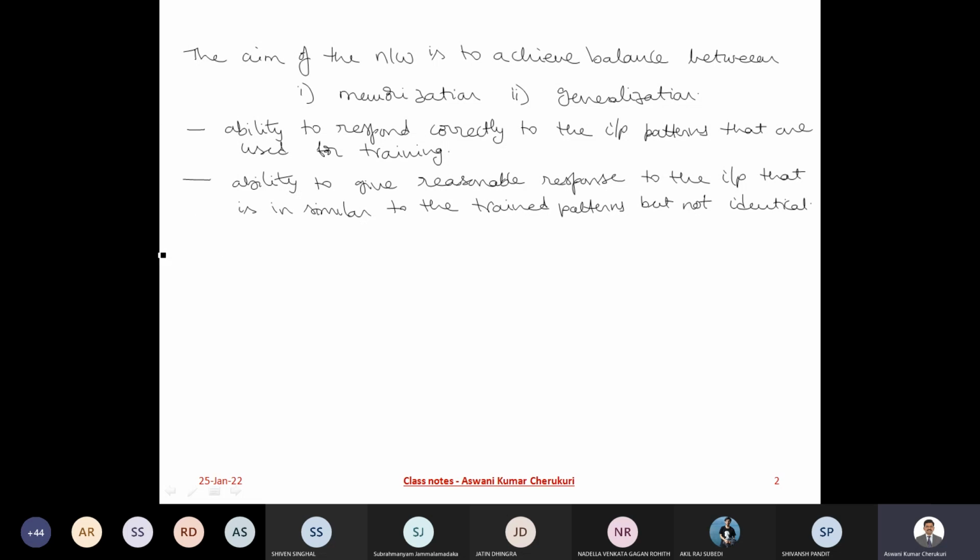When you see the training in backpropagation, it happens in 3 stages. Number 1, you provide the feed forward input training pattern.